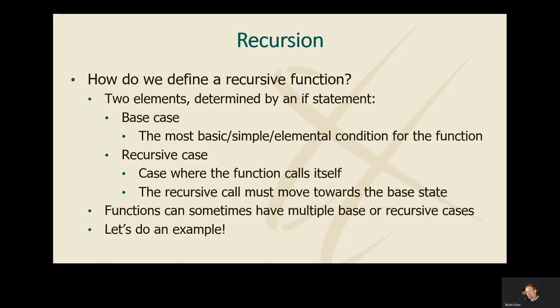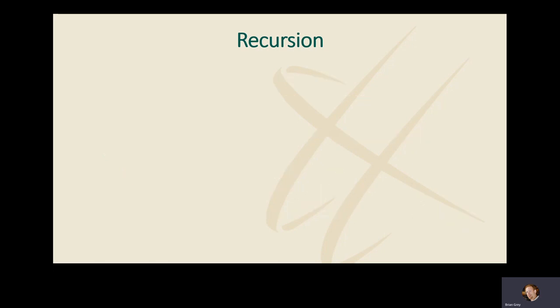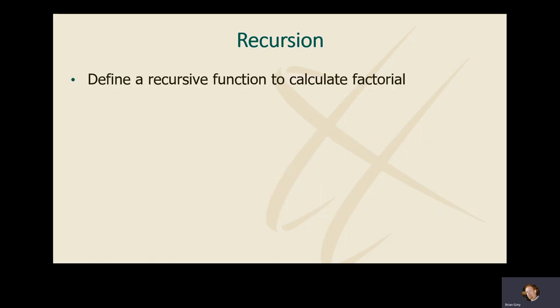So let's do an example. Let's do an example of this where we have a simple base case, and a recursive case that moves us towards the base case. So let's define the classic recursive example function. Let's calculate factorial, right?